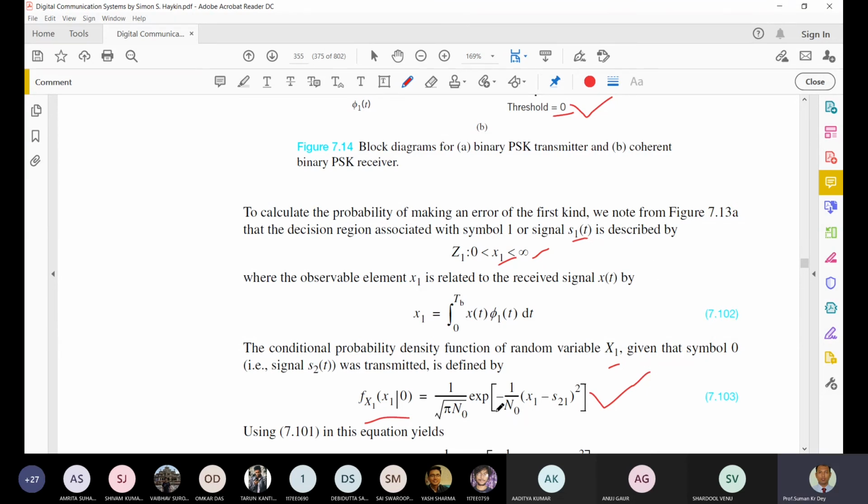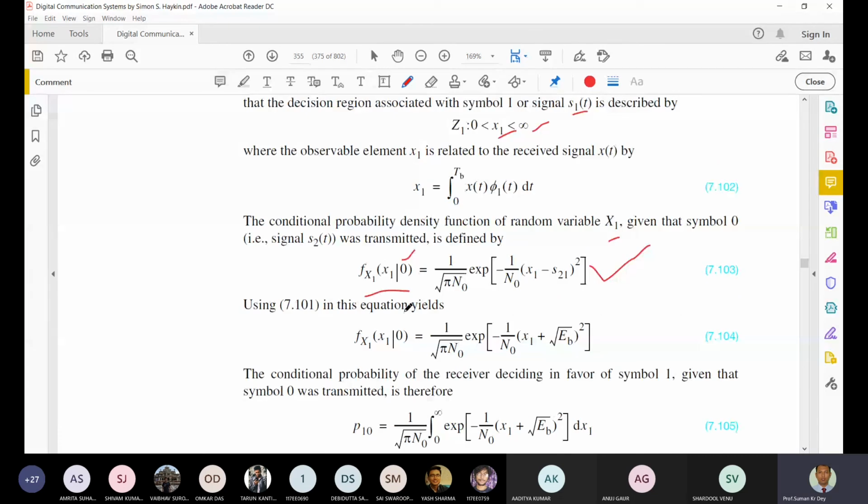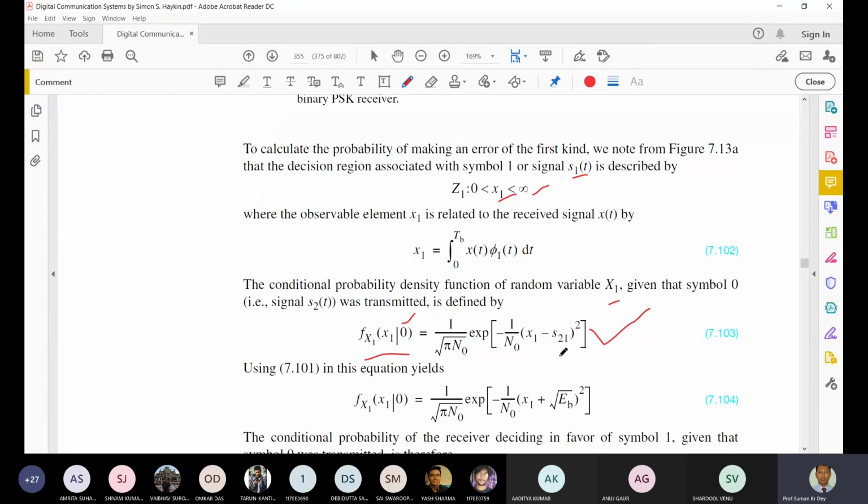So that was discussed earlier. So what is the value of x1 here? It is for the symbol which is transmitted, and we are getting the x1. Okay. So now in this expression, we already calculated the value of S21.